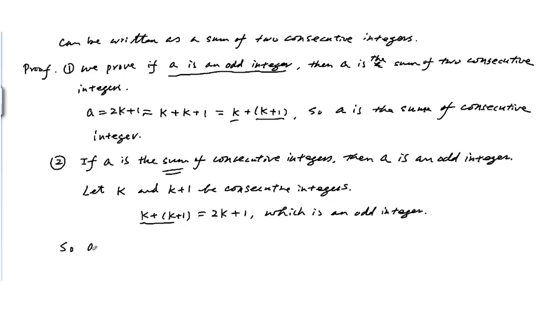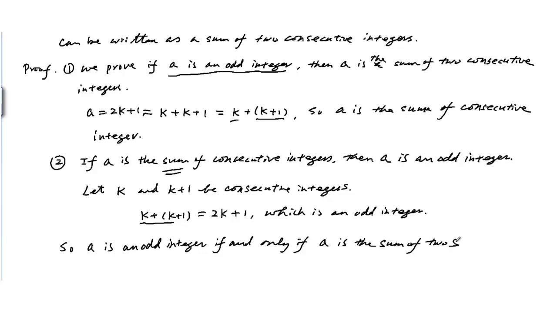So a is an odd integer if and only if a is the sum of two consecutive integers.